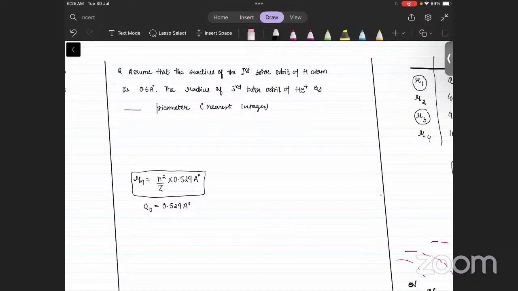The radius of the third Bohr orbit of helium positive is. What answer are you getting? Those who were in the class and those who have seen the recorded session must be ready with the answer.